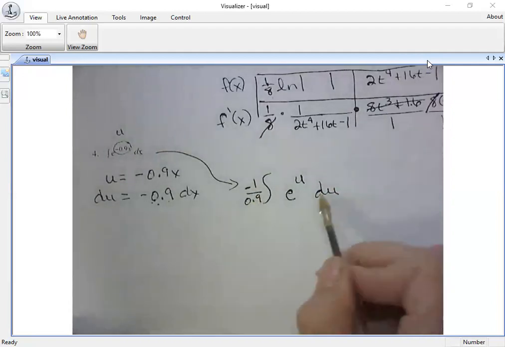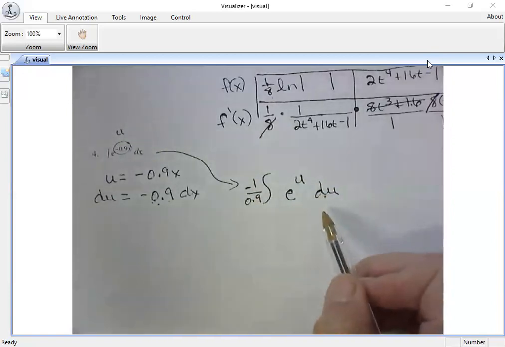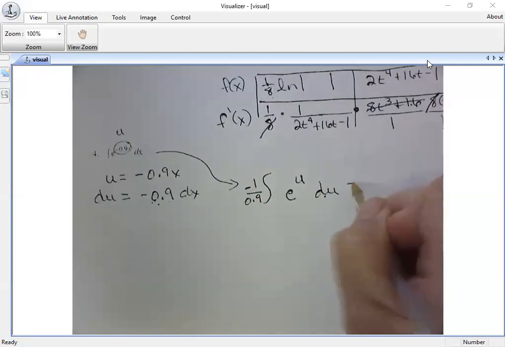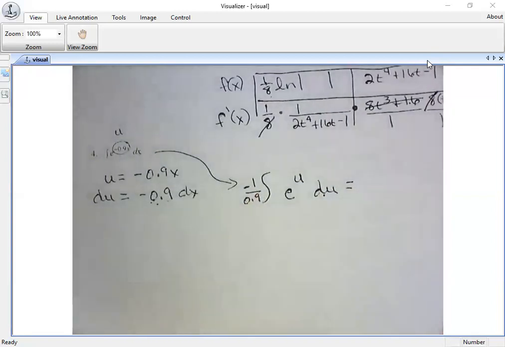But if I do my replacements this way, am I good now? I think so. This is ready to integrate. And how do you integrate e to the u? It's just e to the u. So double check. Let me just show you.